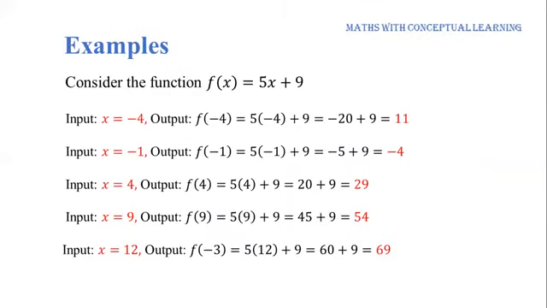Consider the function f of x equals 5x plus 9. We choose certain input values: x equals -4, x equals -1, x equals 4, x equals 9, and x equals 12. You can see that for these input values, we get unique output values.